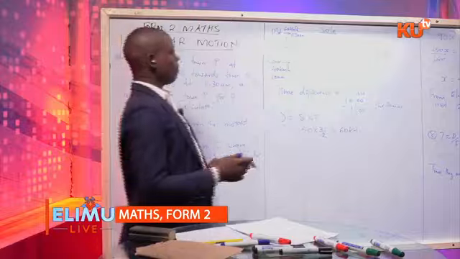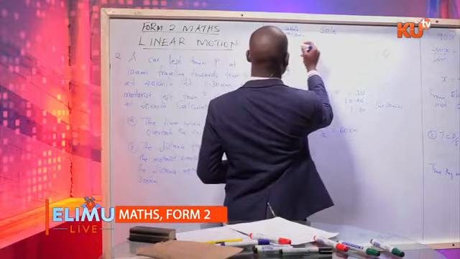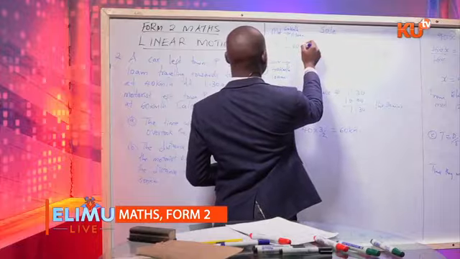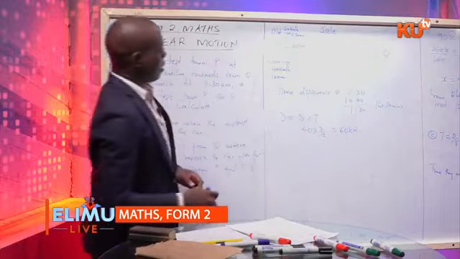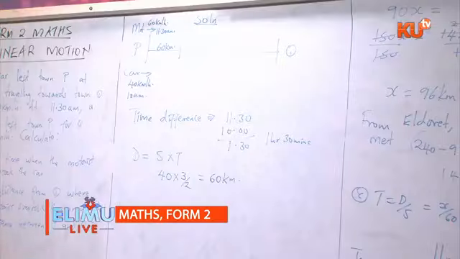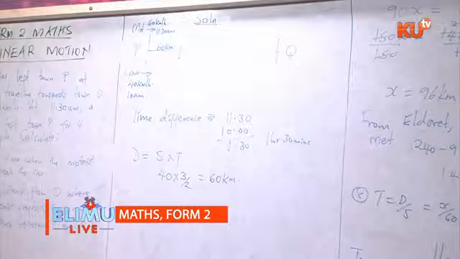So on my diagram, I will locate 60 kilometers. And look at the concept here: the car is being overtaken by the motorist.